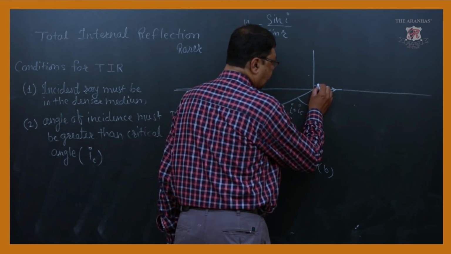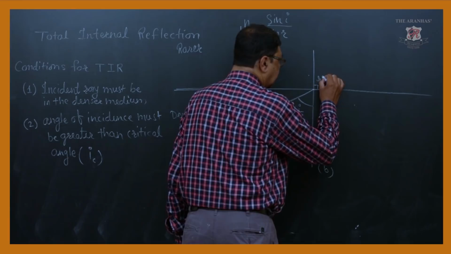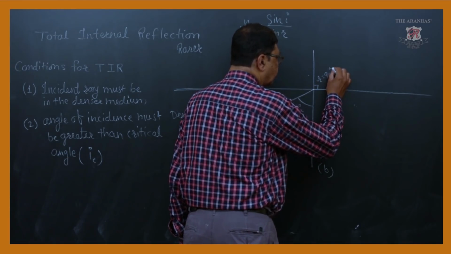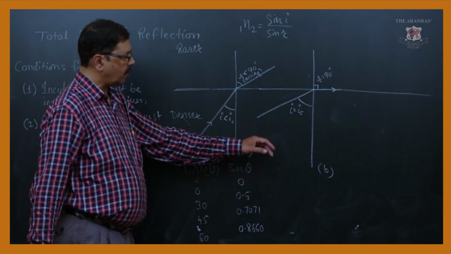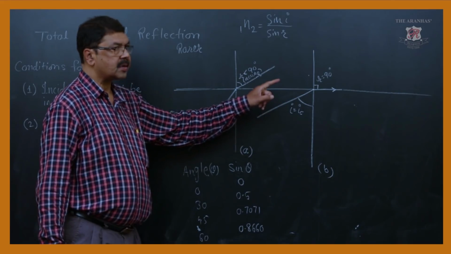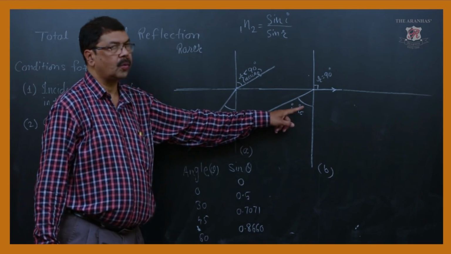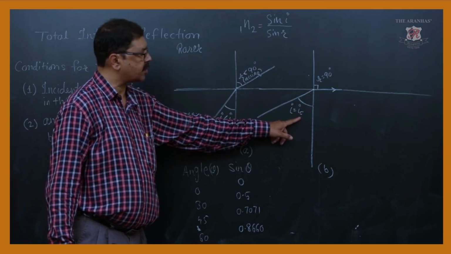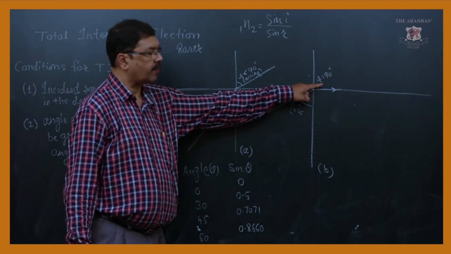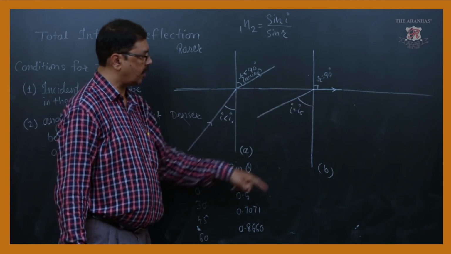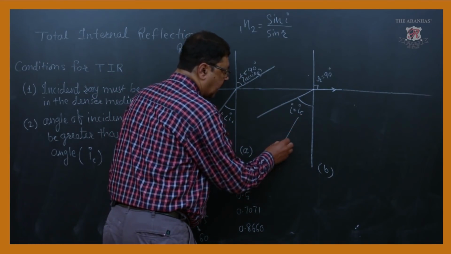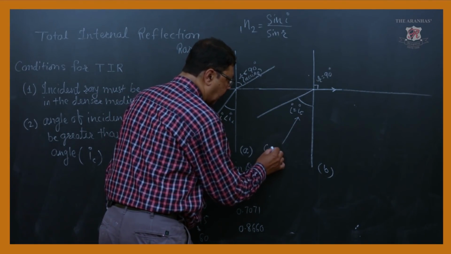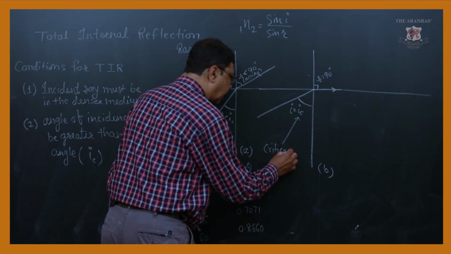What is angle of refraction here? It is 90 degree. So, in diagram B, when angle of incidence has a particular value denoted by letter I subscript C, angle of refraction becomes 90 degree. This angle is called as critical angle.